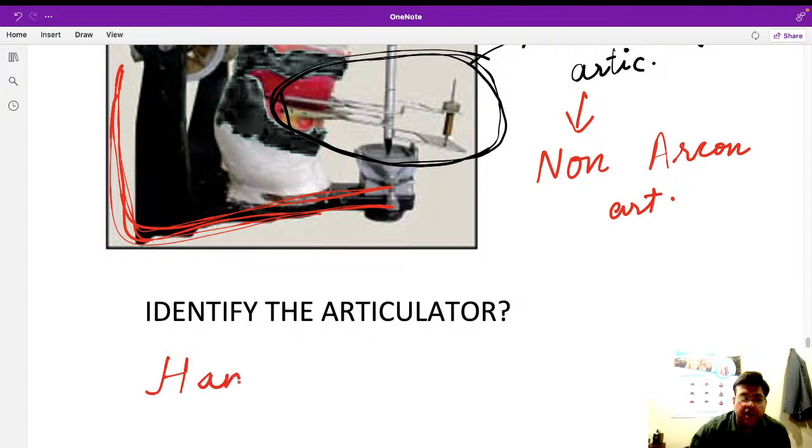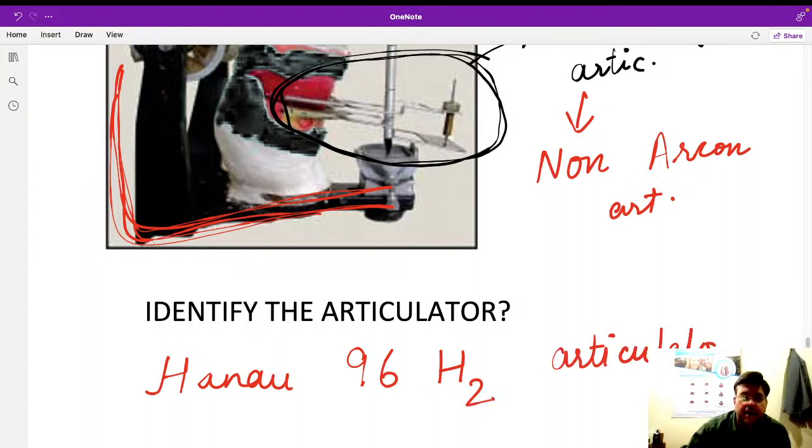This is the Hanau 96H2 articulator. Whenever they give you an image like this, they will not be asking you whether it is Hanau 96 or University series, but whether this is an Arcon or a non-Arcon articulator, and whether this is a semi-adjustable articulator or not.